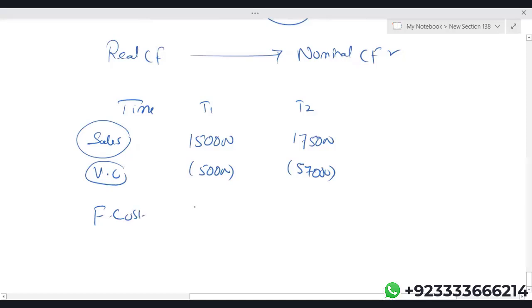Let's take fixed cost, assuming 20,000 and 20,800. So this fixed cost includes inflation of 4%.